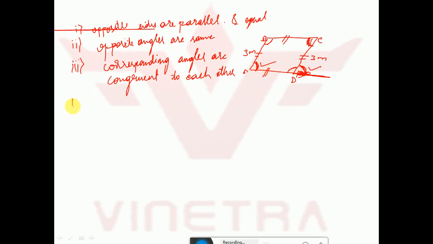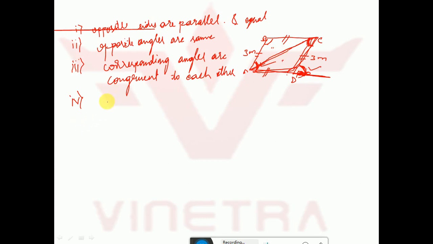Next, the fourth one: if a diagonal is drawn here, it divides this parallelogram into two triangles. This one is the first triangle and another one is the second triangle. These two triangles are congruent to each other, that is, the properties of these two triangles will be the same.